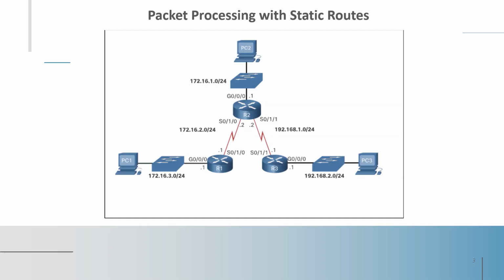Then router 3 encapsulates the packet into a new frame with the MAC address of the GigabitEthernet 0/0/0 interface as the source layer 2 address and the MAC address of PC3 as the destination MAC address. The frame is forwarded out of the GigabitEthernet 0/0/0 interface. The packets arrive on the network interface card of PC3. So all of this is explained here in this animation, with the packet moving through the network to reach the destination.